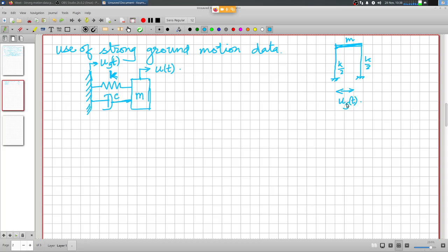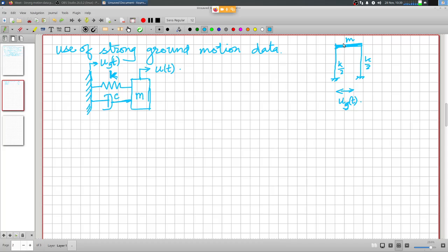It is the base which is moving, and in the process, there is inertia. If the base tries to move in this direction, the mass, because of the property of inertia, would try to remain in its position and resist that motion. When the sign changes, slowly it will also start moving, but by that time the sign at the bottom has changed, the ground starts to move in the other direction, and then the mass would follow slowly.